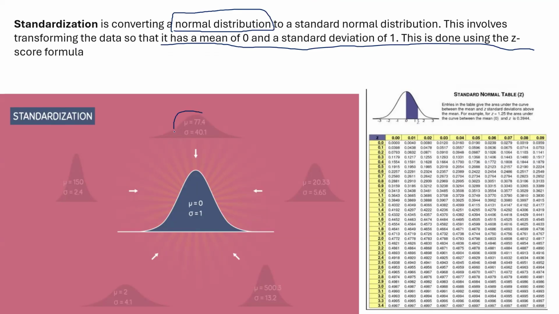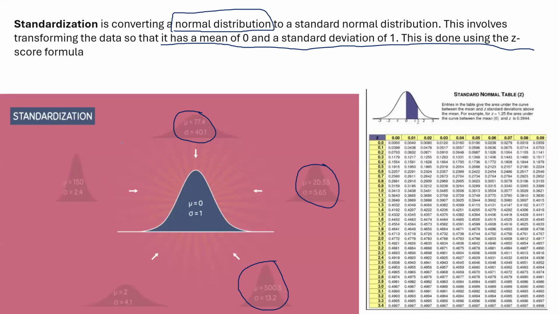This is one of the normal distributions where mu is 77.4 and standard deviation is 40.1. I can convert this normal distribution to a standard normal distribution. Any kind of normal distribution can be converted to a standard normal distribution.